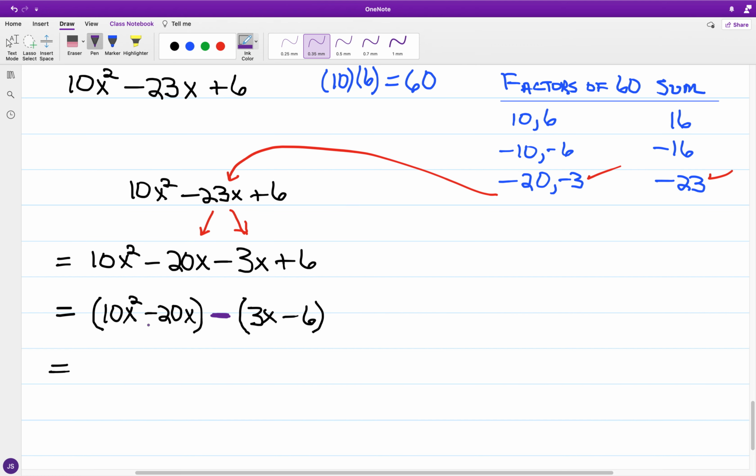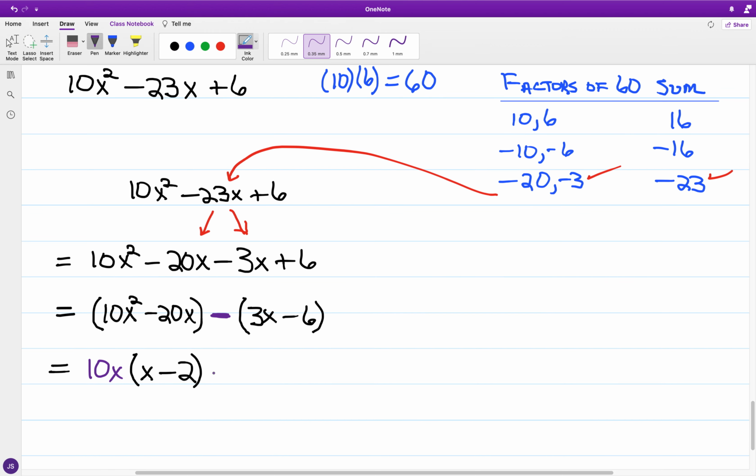Now, in drawing out the greatest common factors from each pairing, for 10x squared minus 20x, we'll have 10 for the number, and both of these are variable terms, so the greatest common factor is going to be 10x. 10x into 10x squared becomes x. 10x into negative 20x is going to be negative 2.